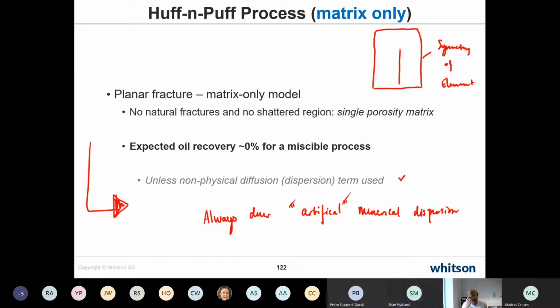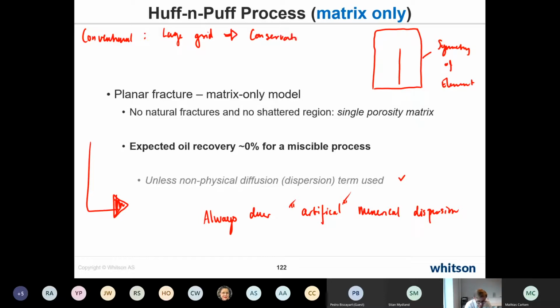Hopefully this is not confusing, but the irony of this is that in a conventional displacement process, having large grid cells would actually be a conservative thing to do.